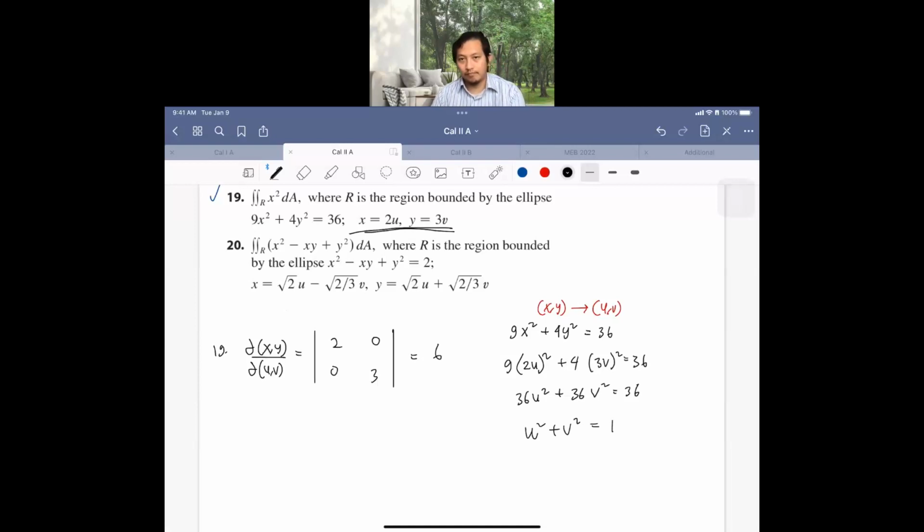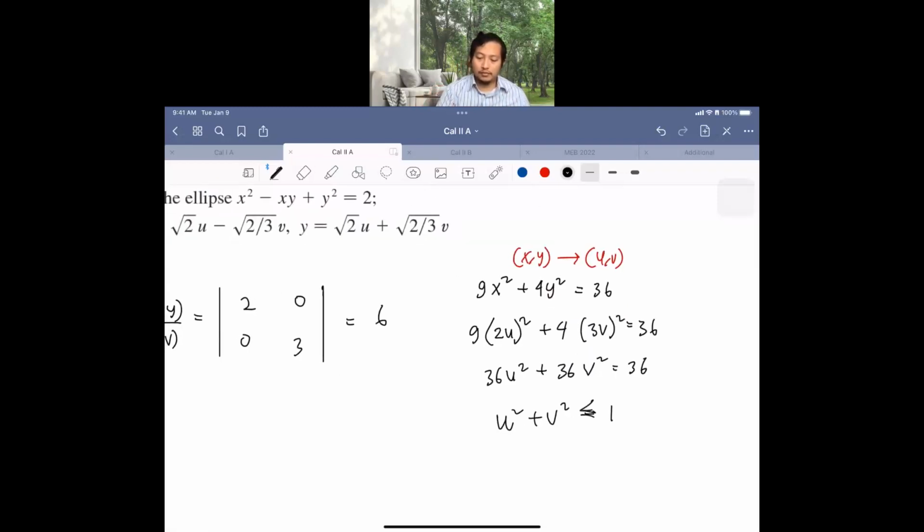So the ellipse, when we transform, will have the image of the disk u squared plus v squared equal 1, or the area will be u squared plus v squared less than or equal to 1.